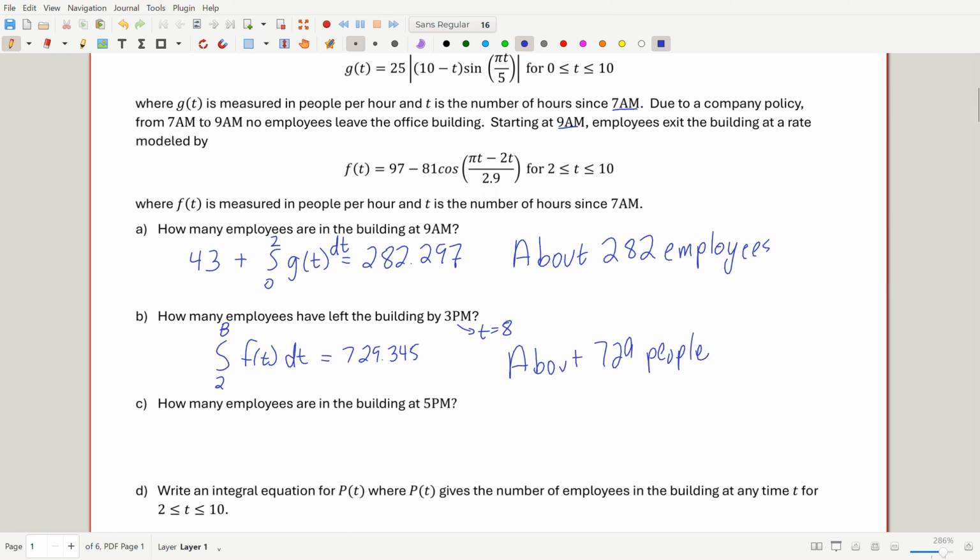So why those plugs in the cards? I'm saying that these are a rate. On the cards, I needed to have this function named, and right now we don't have a function named for how many people there are in the building. If I had said that g of t is the number of people that entered the building, then I'd be doing the integral of g prime of t. It's just different notation based on the scenario.